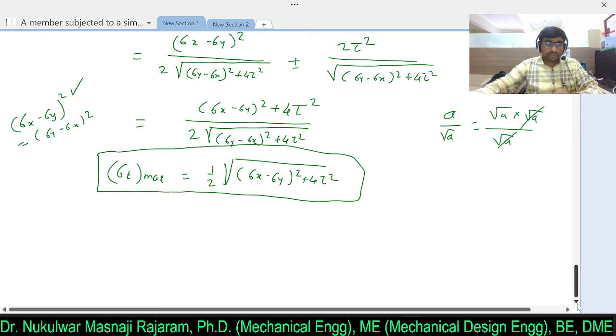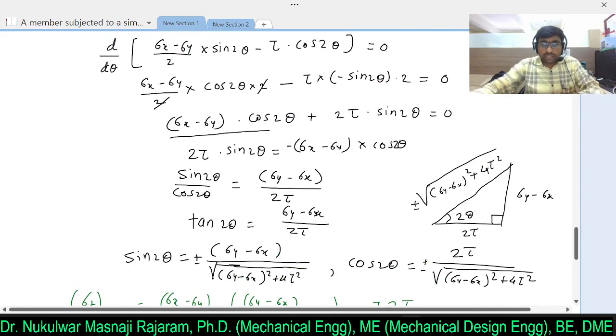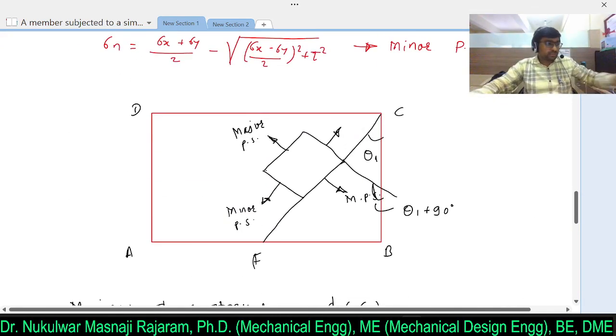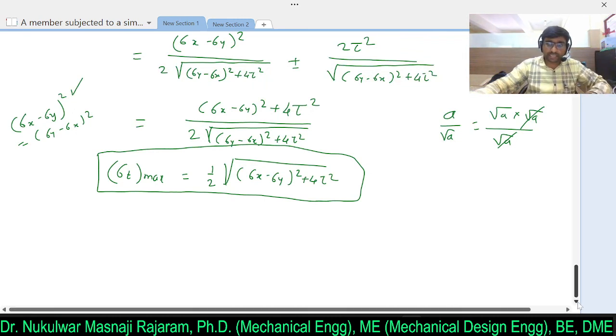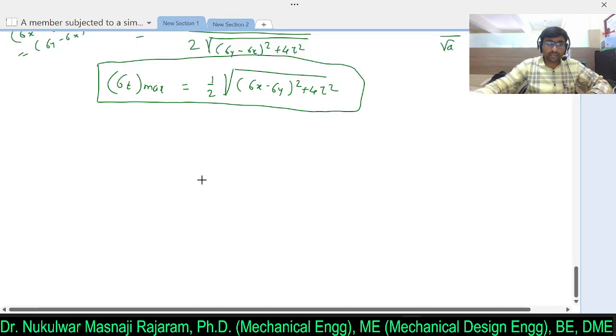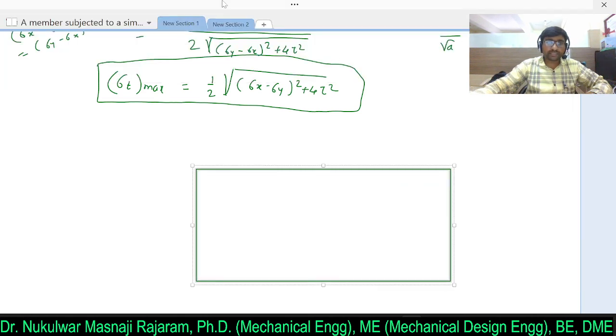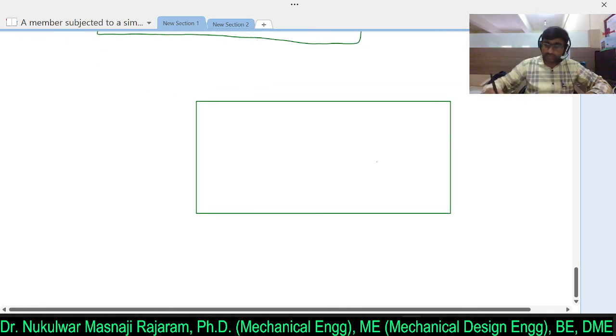Clear? So you might get a lengthy lecture, but this is a very important lecture as far as principal stresses and strain are concerned. So if you want to locate the principal stresses and strain inside the body, then I can say that in the previous video we observed that this angle was theta 1 plus 45 degree.